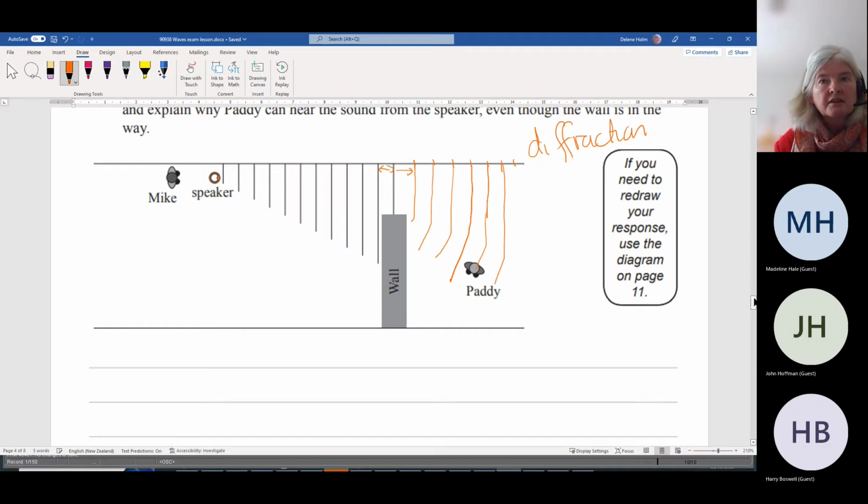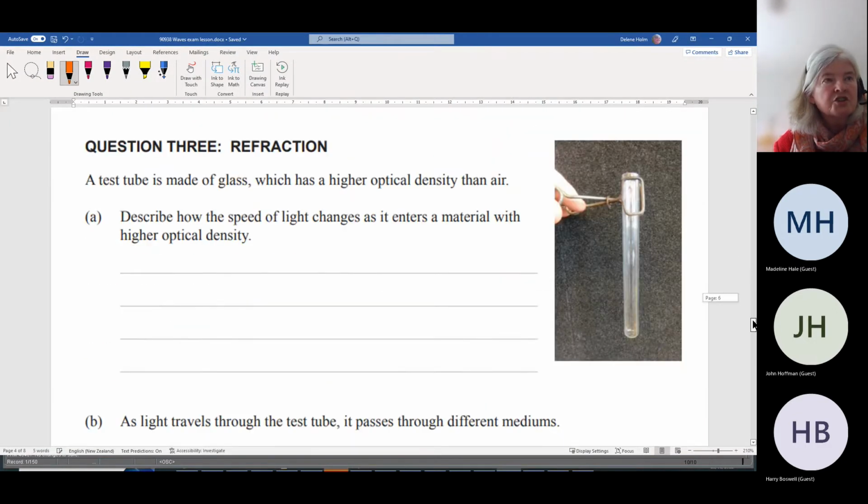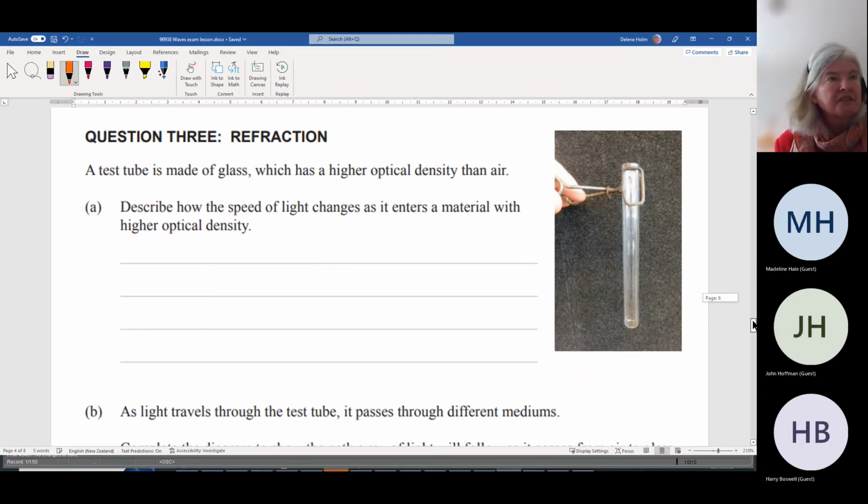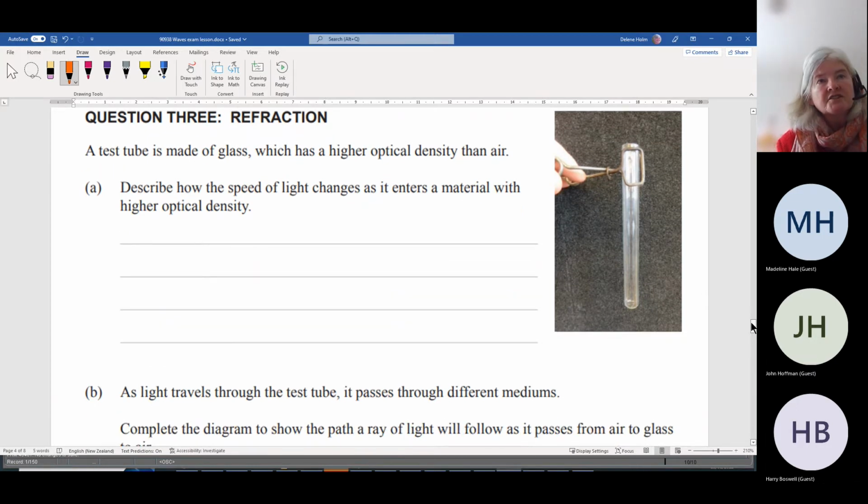We're just about on the last question. Okay, so here I'm not going to write as much because we've only got about 7 minutes left. Here we've got something, and now we've got to describe how the speed of light changes when it enters a higher optical density.